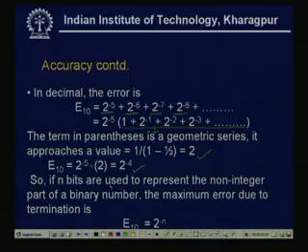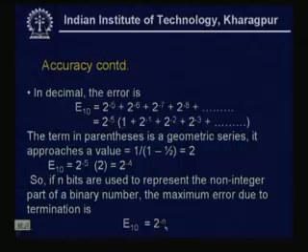So, if n bits are used to represent the non-integer part of a binary number, then the maximum error due to termination is E10 equal to 2 to the power minus n. That means, here 4 is replaced by n in general cases. So, this tells us the accuracy of a number when it is converted from decimal to binary.